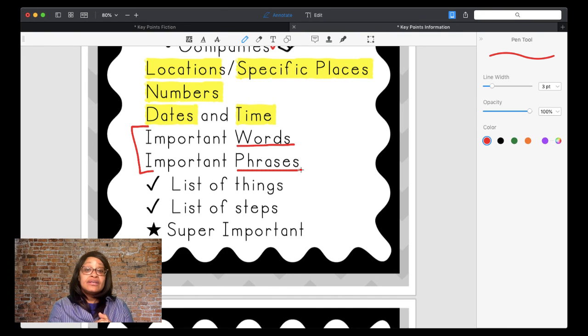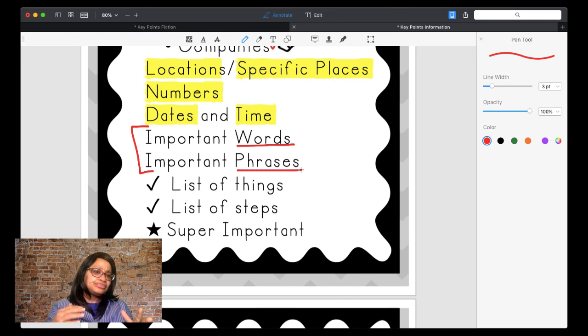Important phrases could be quotes that were said by some historical figure. It could be a phrase that's linked to a mathematical problem or scientific theory. So when we're doing analysis and we're looking for these important words and important phrases, that's going to help us set up a firmer conceptual model, because it is easier for us to set up conceptual models for fiction than it is for nonfiction.